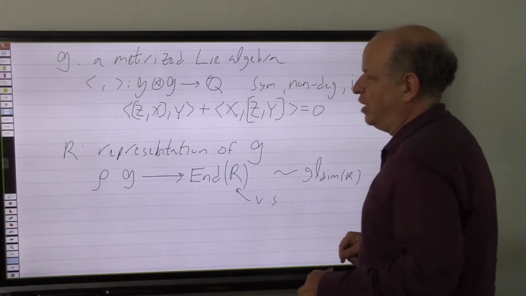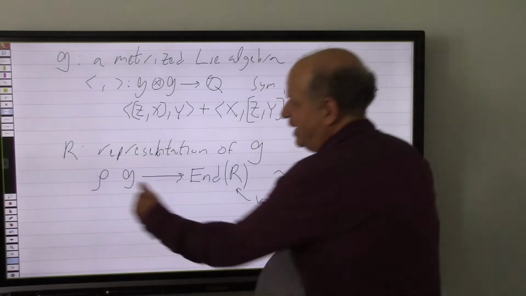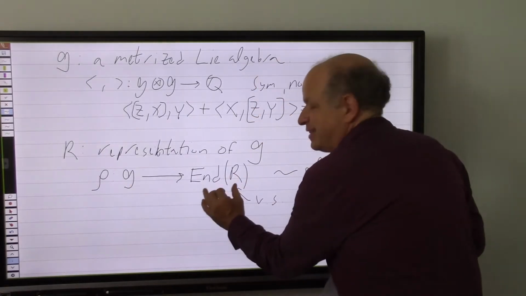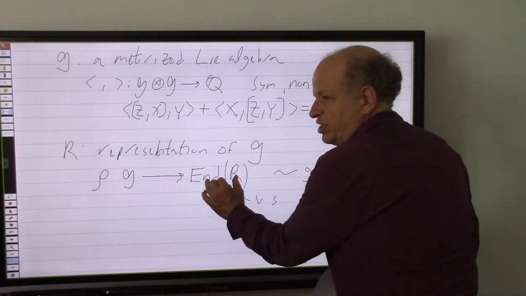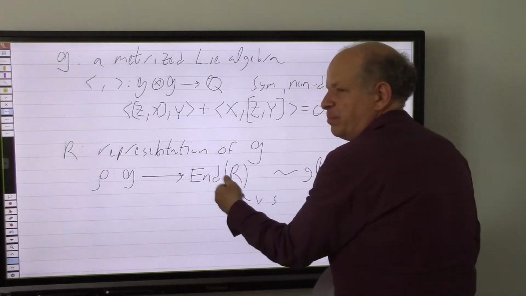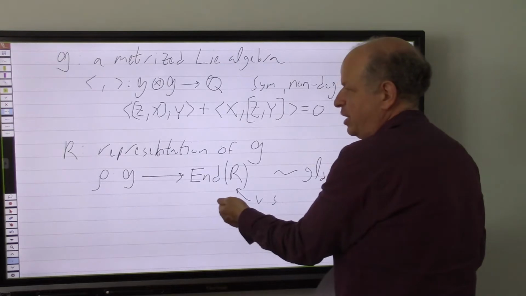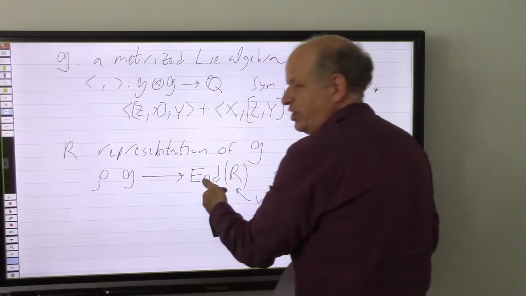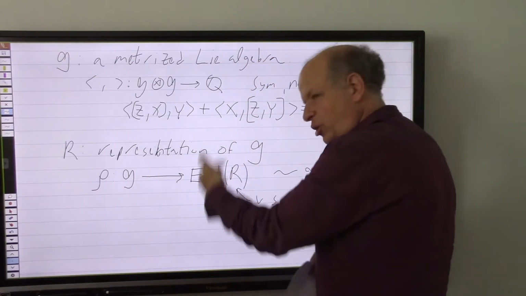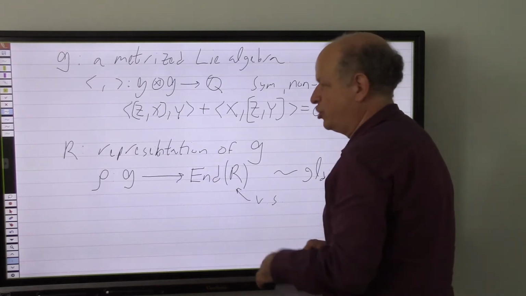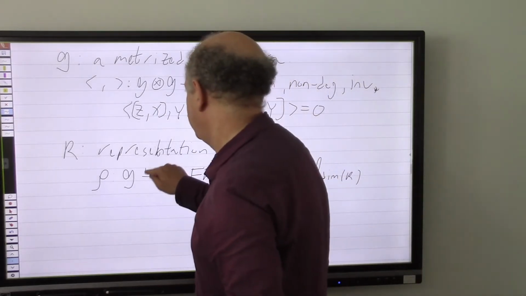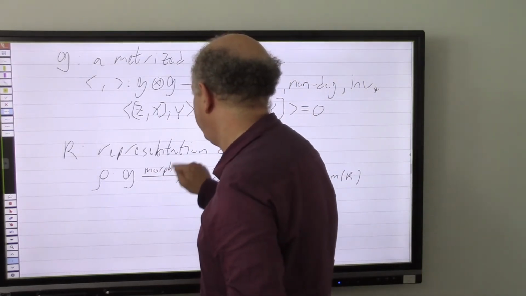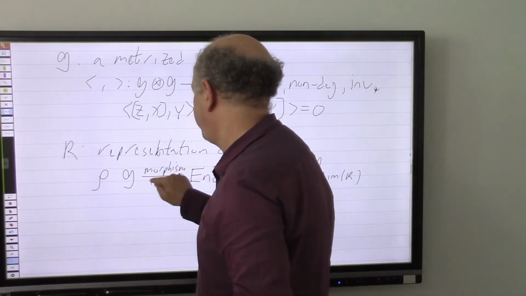And this is in itself a Lie algebra using the usual bracket. A bracket B is AB minus BA. And when I say a morphism, I mean a morphism of Lie algebras. So it has to respect the bracket.